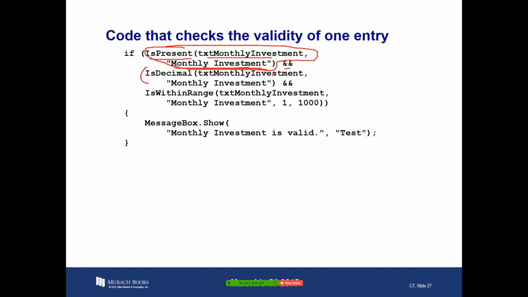If this ends up being false, then because we're using a double ampersand, it quits. Because if we're anding a bunch of Boolean variables together, and one of them is false, then the whole thing is going to be false.